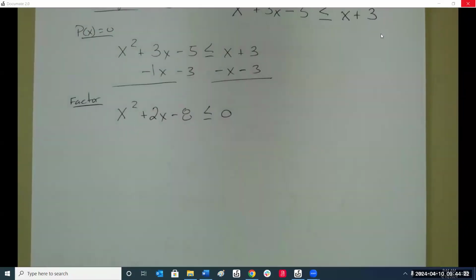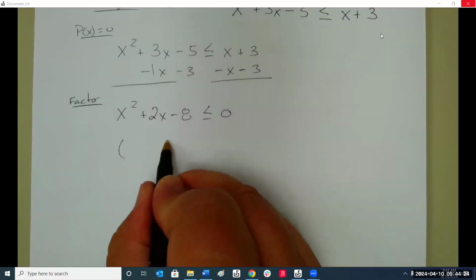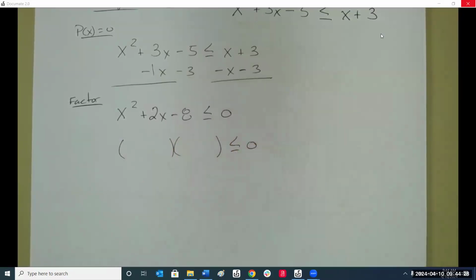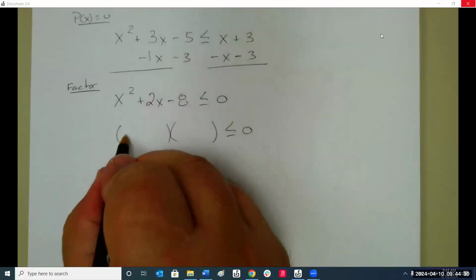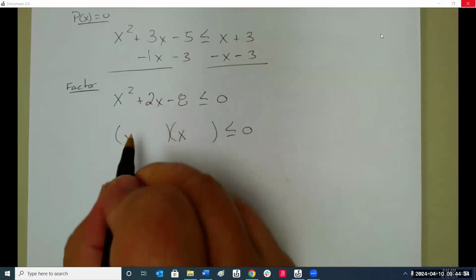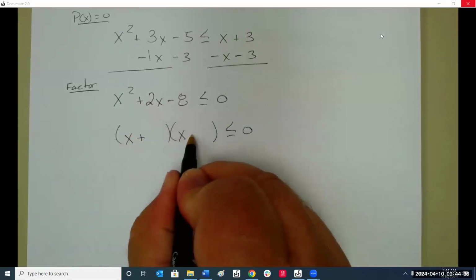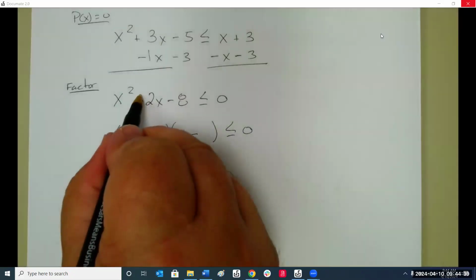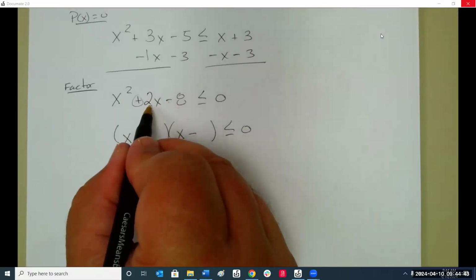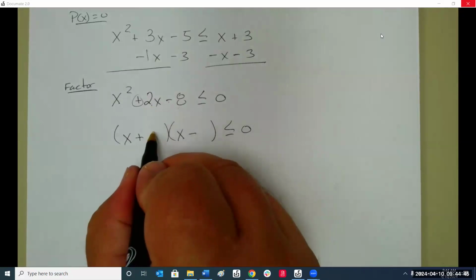Then the second step, we factor. The signs are going to be, right, the bigger number gets the plus. What times what is 8 when you subtract and we get 2? Yeah, and the 4 goes in positive. 4 and 2.